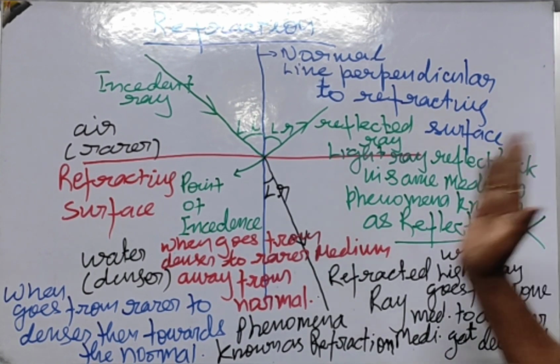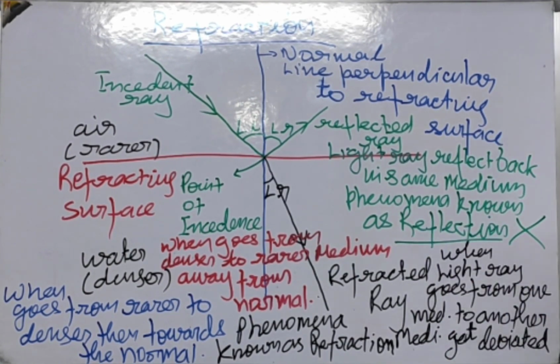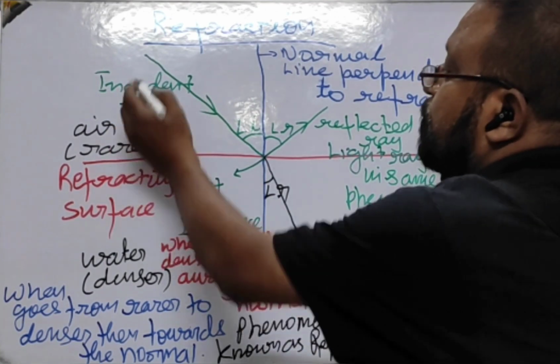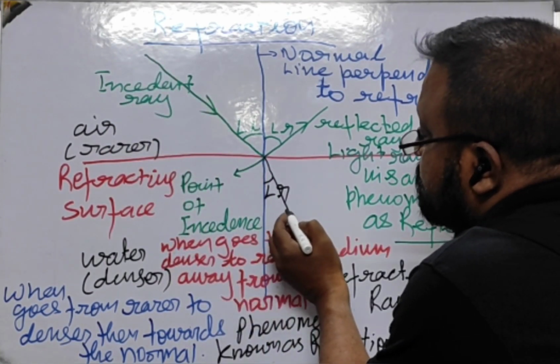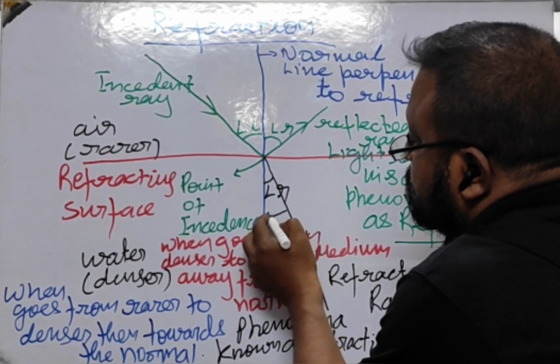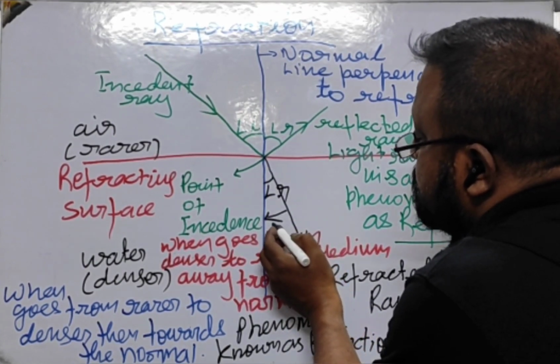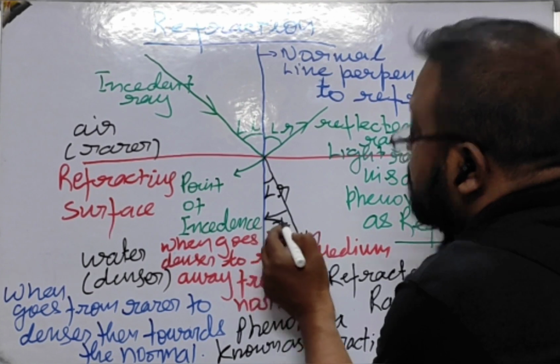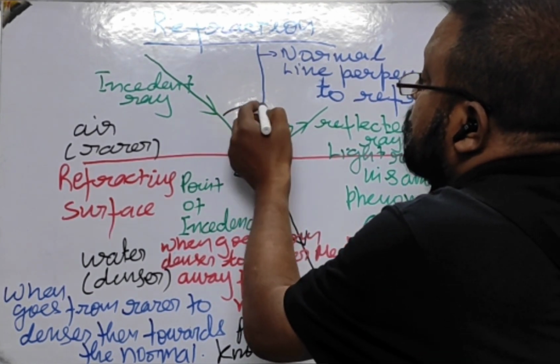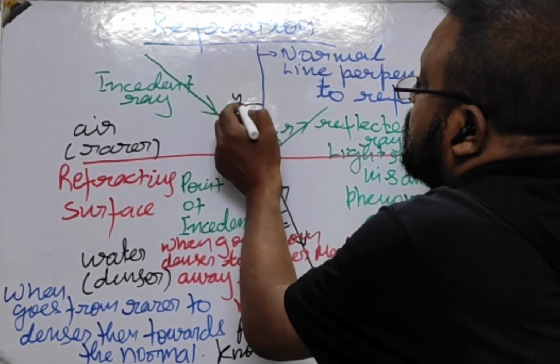Towards the normal. This ray is coming from rarer to denser, so it is coming towards the normal, right? See the distance here. This is x and this is y, right?